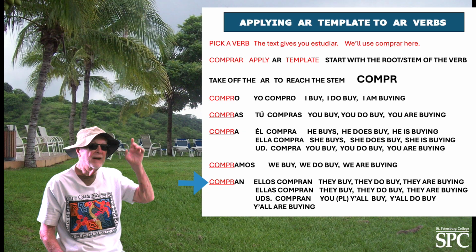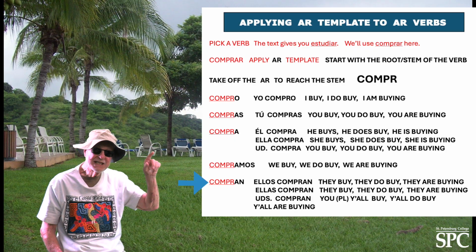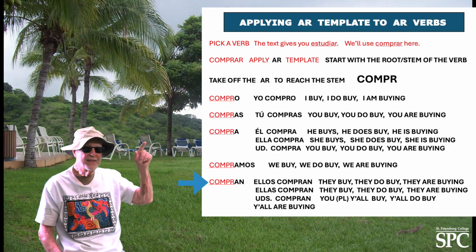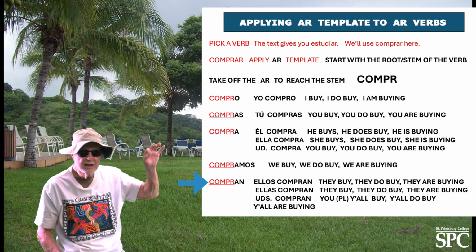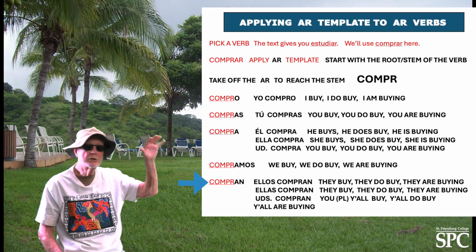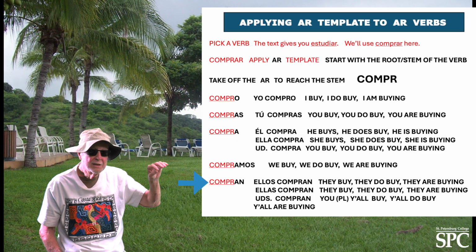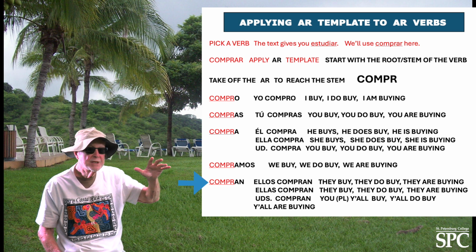Again, the plural of él and ella and usted is ellos, ellas, and ustedes. And you see that printed out there. They buy, they do buy, they are buying. All male, ellos, or combination male and female. If it's just a bunch of girls, they're in the dress shop and they're buying a bunch of dresses, ellas compran. They buy, they do buy, they are buying. Talking about all the girls.